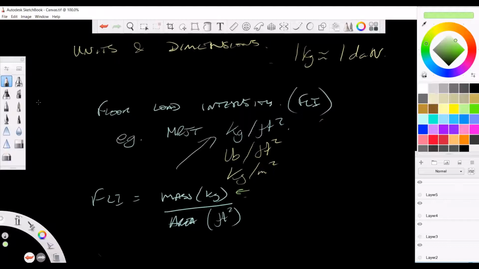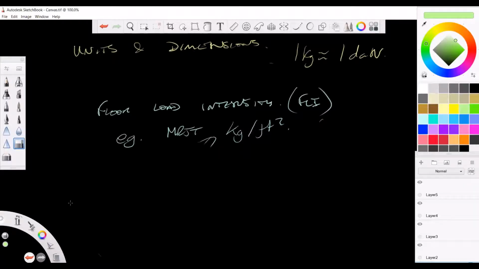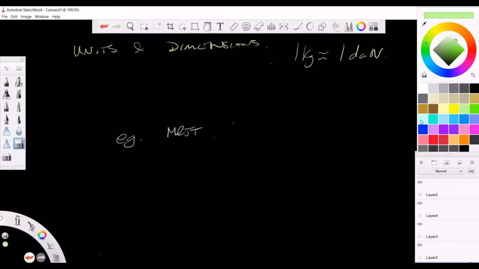It works equally well with running loads, by the way. So if we take the example of the MRJT running load, the MRJT has it in kilograms per inch.